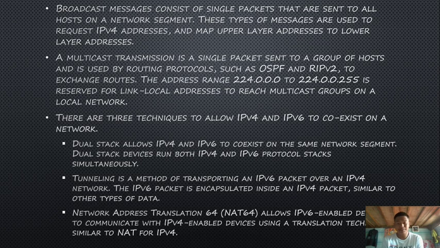The IPv6 packet is encapsulated inside the IPv4 packet, similar to other types of data. Network Address Translation 64, or NAT64, allows IPv6-enabled devices to communicate with IPv4-enabled devices using a translation technique similar to NAT for IPv4.